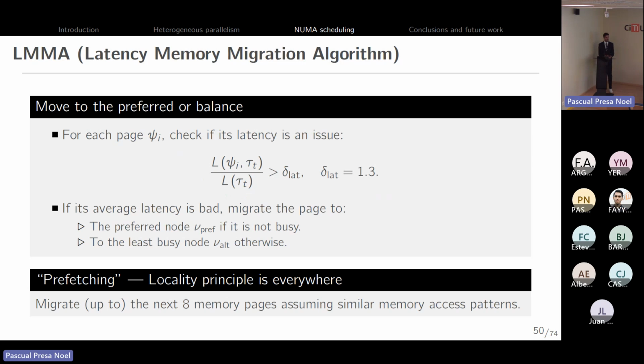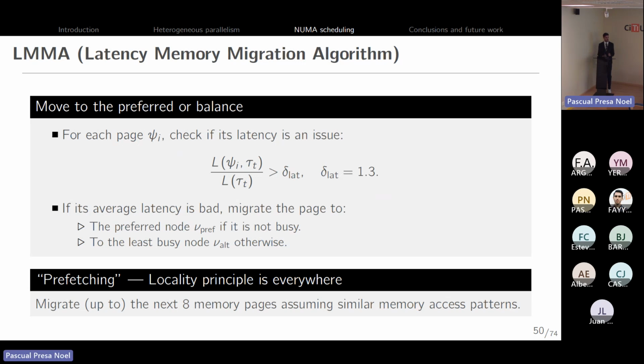Once we have classified our NUMA nodes, we check for each memory page if its latency is an issue using a similar mechanism. We compare its average latency against the latency of the whole system. And if its average latency is much higher than the average, we try to migrate that page to its preferred node if that node is not busy, or to the alternative node otherwise.